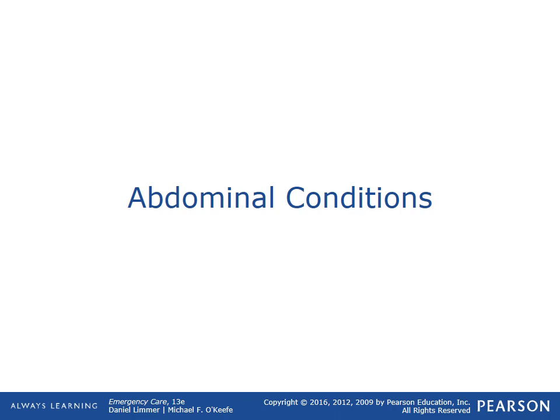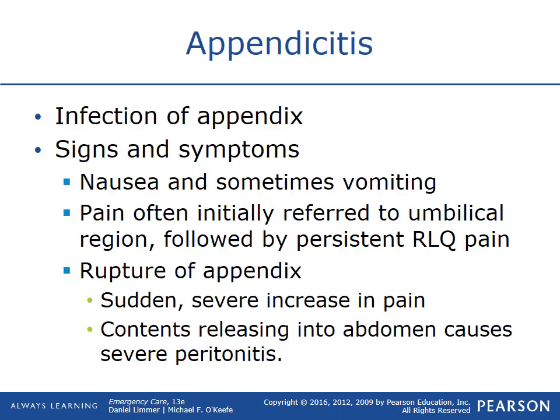Now some specific abdominal conditions. Appendicitis. This is an infection of the appendix. Signs and symptoms would include nausea and sometimes even vomiting. Pain, often initially referred to the umbilical region, is followed by a persistent right lower quadrant pain.